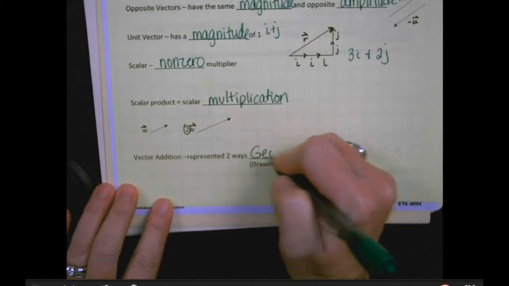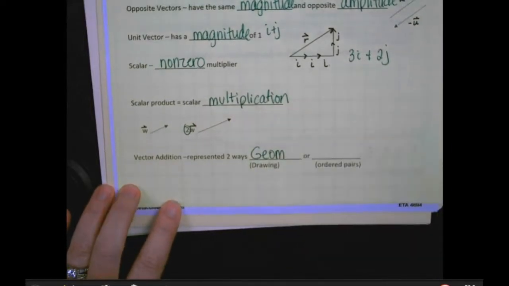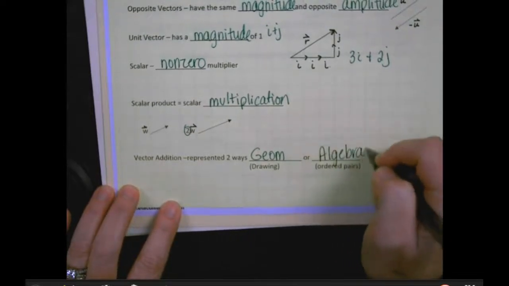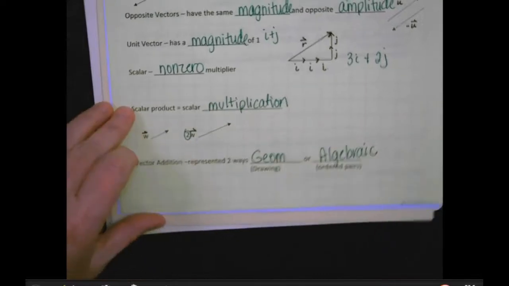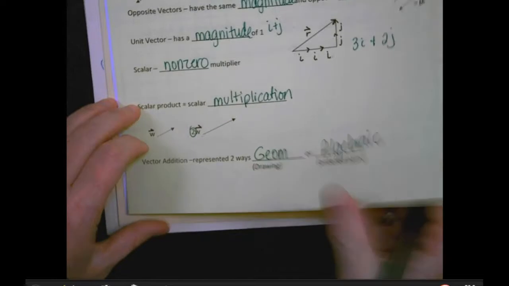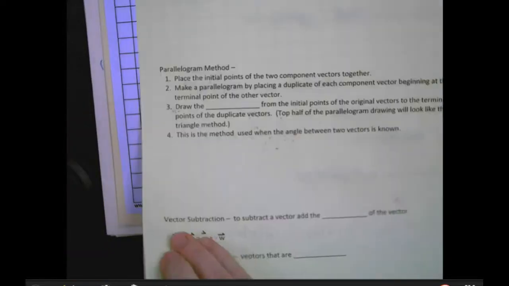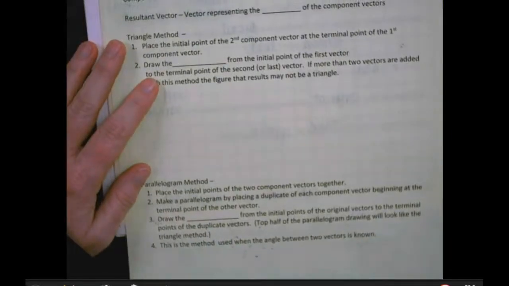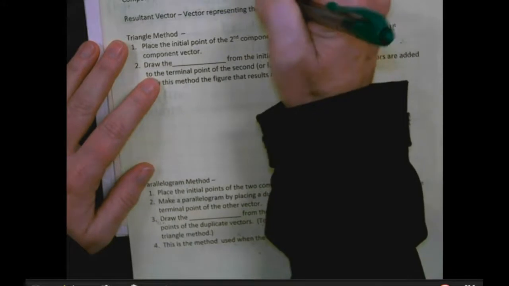The geometric way, which we're going to do today, and the algebraic way, which we'll do next week. We're going to draw on all of them. The component vectors are vectors that are added.